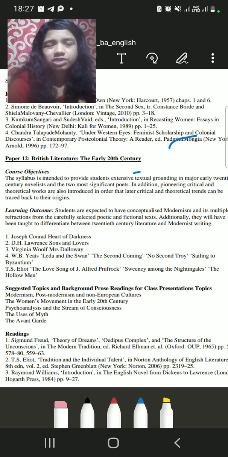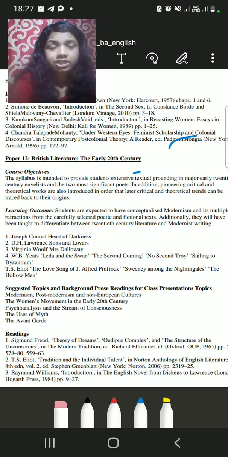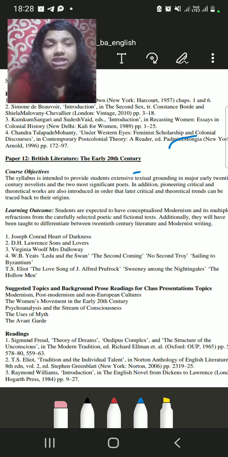So that's what we in general know, that if we know one century's literature, that will help us in knowing another century too. If we know what is romantic literature, it will help us in understanding what is Victorian literature, because these ages have an impact on each other. Okay, Enlightenment impacted Romanticism.